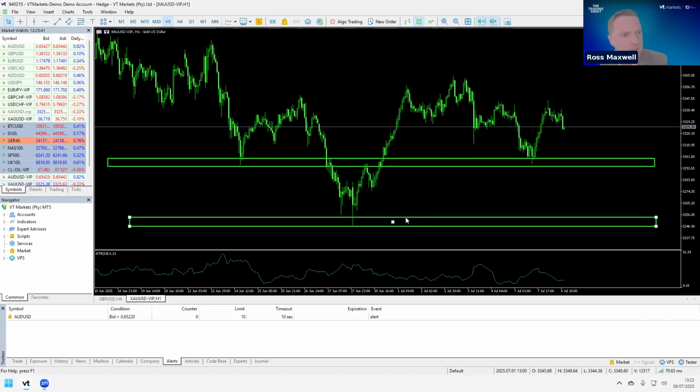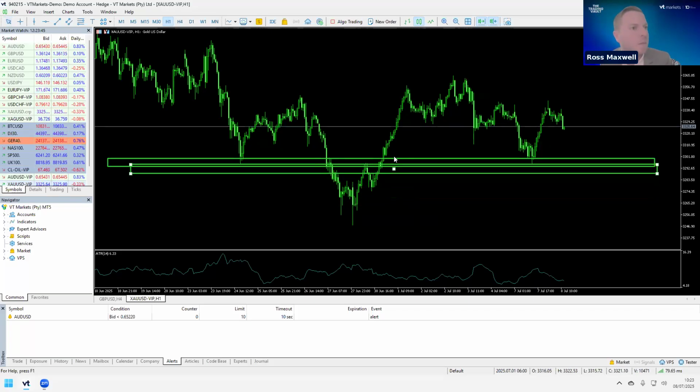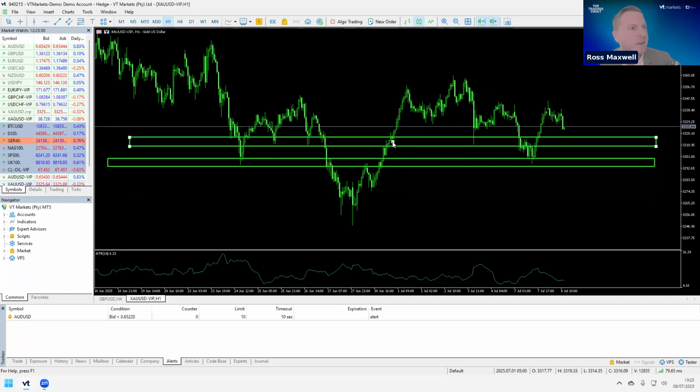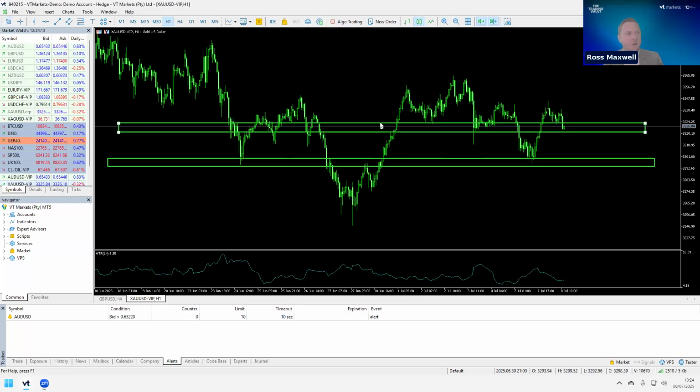If we move this up, you can see areas where there are other reactions. You've got moves through, but it's acted as support here, acted as support here, moves through, acted as support here, moves through, moves through. So it's not very clean, and these reactions are quite weak. So I'm not really interested in that area as a place to trade.